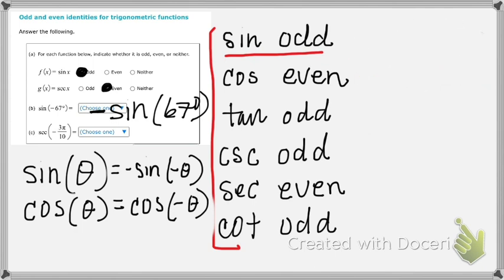I'll just take one more. If I take tangent theta, since that's odd, tangent theta is equal to the opposite of the tangent of negative theta. So it's probably going to take you some time and some practice to get these, but that is how even and odd functions work with the trigonometric functions.